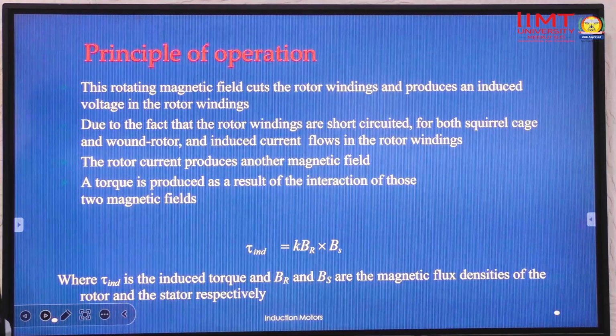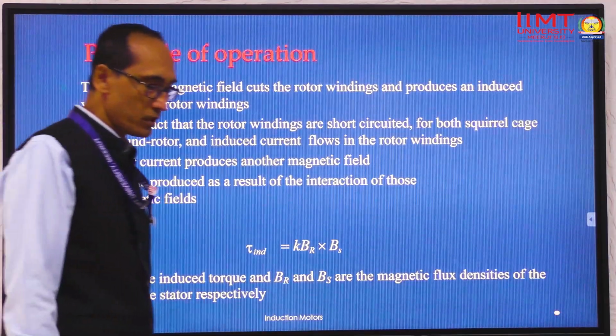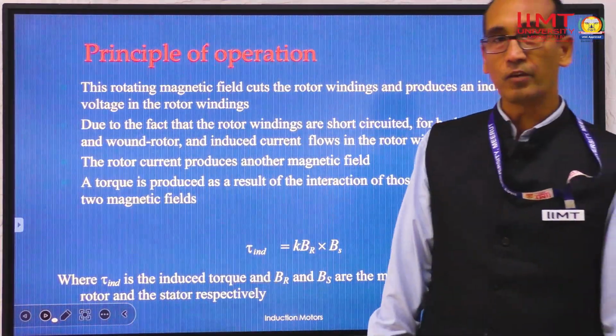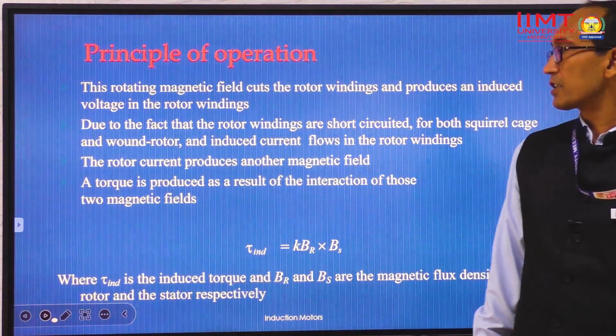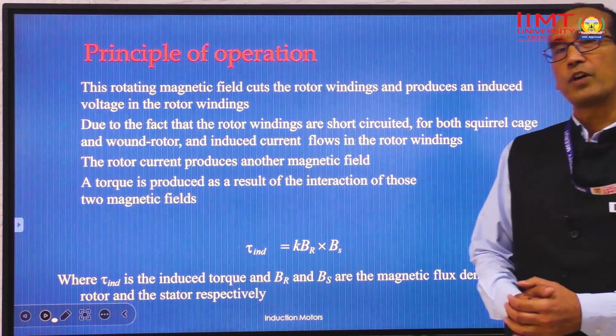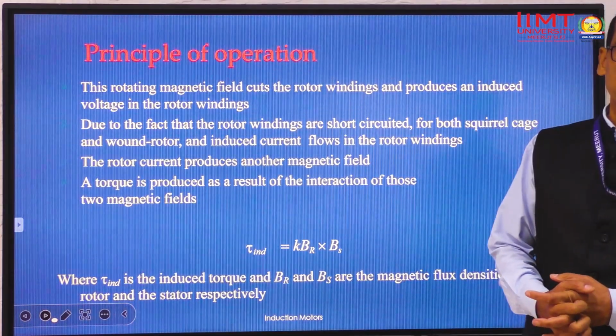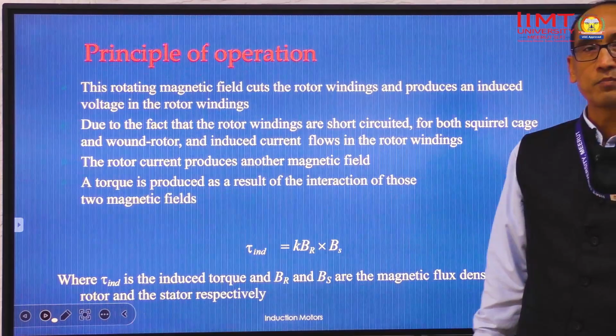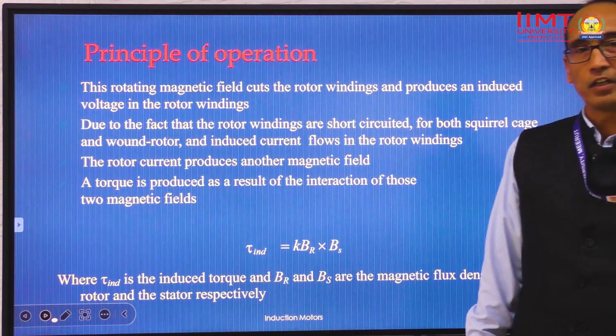Principle of operation of the three-phase induction motor, as we have discussed in our previous presentation. Basically, the three-phase induction motor has two different types: one is the squirrel cage type and the second is the slip ring induction motor.